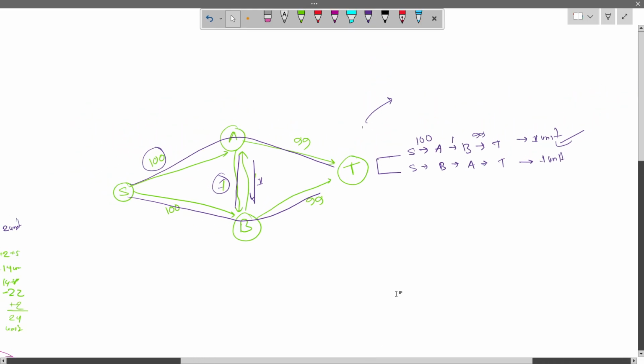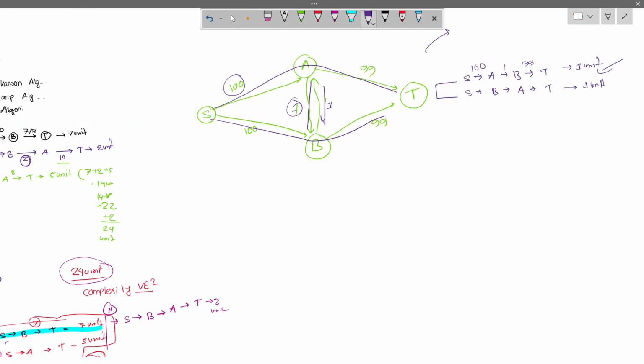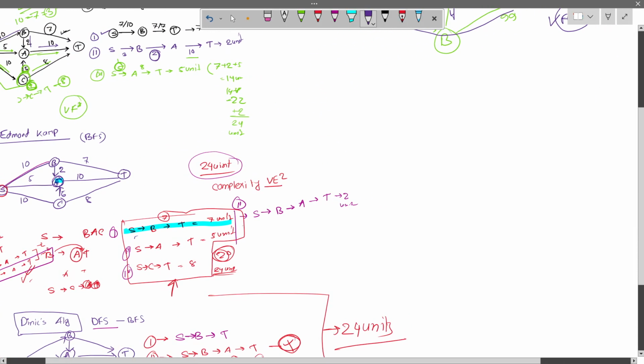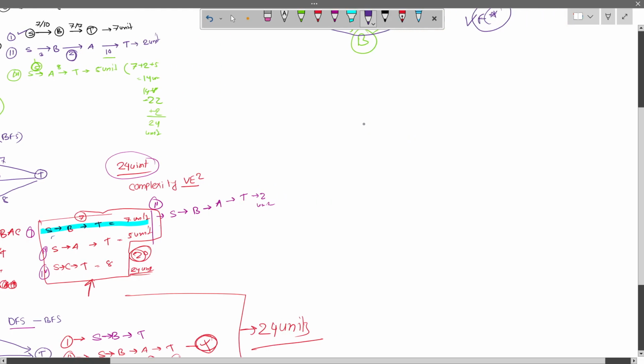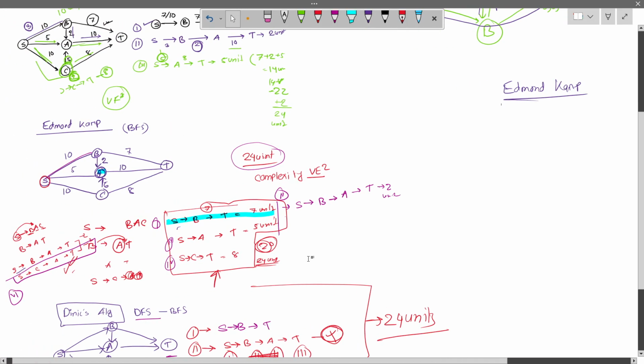So it is the problem of the Ford-Fulkerson algorithm, because the complexity of Ford-Fulkerson depends on the capacity constraint. Okay, and now we will go to the Edmonds-Karp algorithm. First we will discuss where it should be applied.